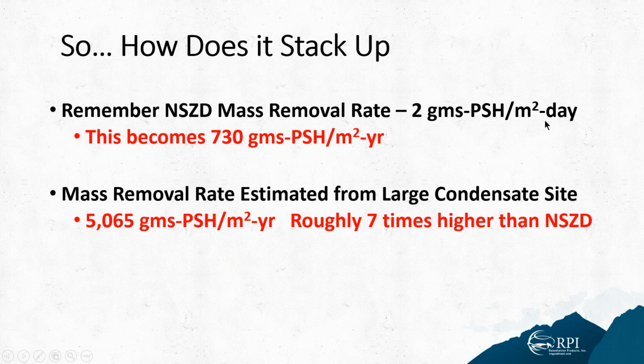When I translate that into this site, that becomes 730 grams of free phase per meter squared year. Now, through sampling on the site, we estimated what the mass removal rate was on this large condensate site. And the number that we estimated was approximately 5,065 grams of free phase condensate per meter squared year, roughly 7 times higher than what the natural source zone depletion would be.